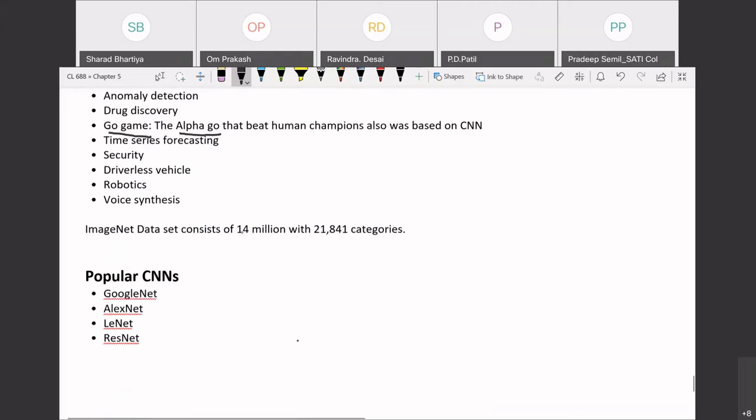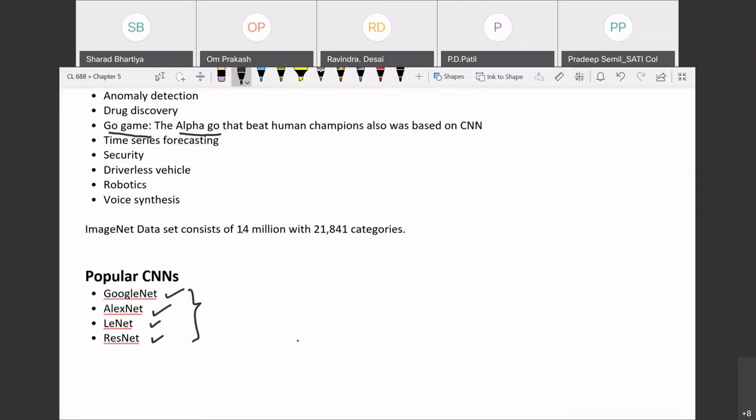Some of the popular CNNs that we keep hearing in the media are GoogleNet, AlexNet, and there are some more. Now some of these neural nets are freely available. Okay, and the idea is that they are partly trained.